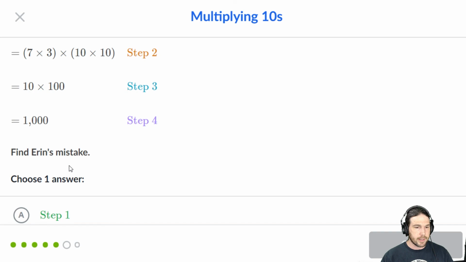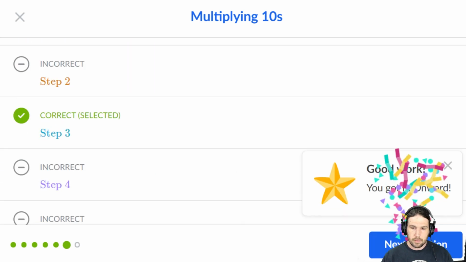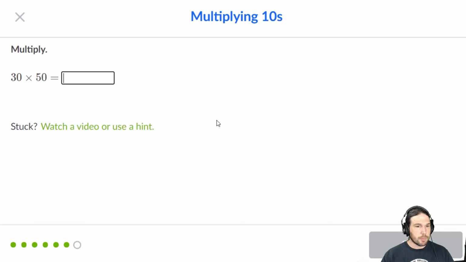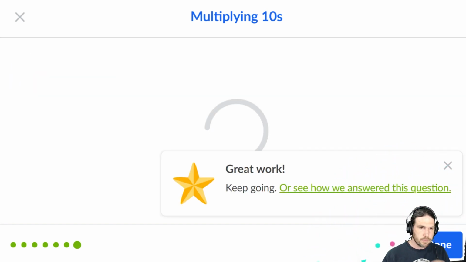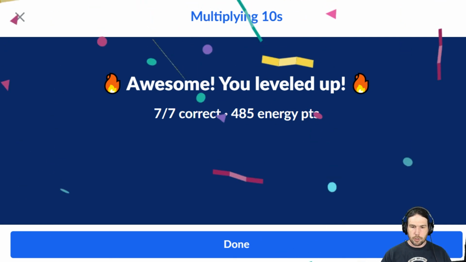So step 3 is the mistake. Multiply. 3 times 5 is 15, and then boom, add up the zeros. That's multiplying tens.